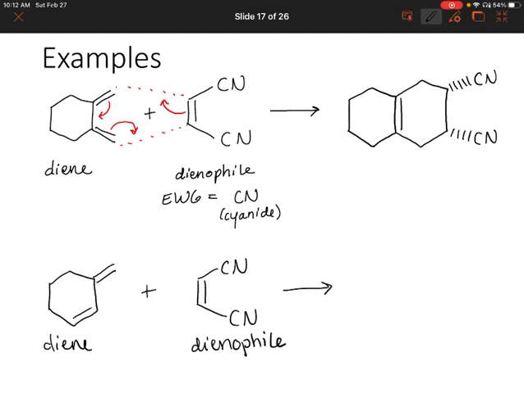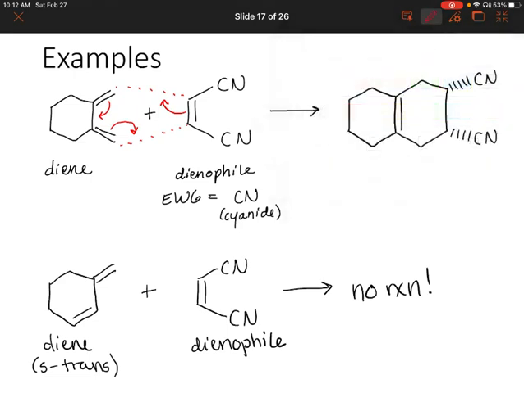All right, so this is actually a trick question. Notice that the diene is not in the S-cis configuration. It's actually S-trans. So those two double bonds are opposite from each other. So this reaction would not occur.